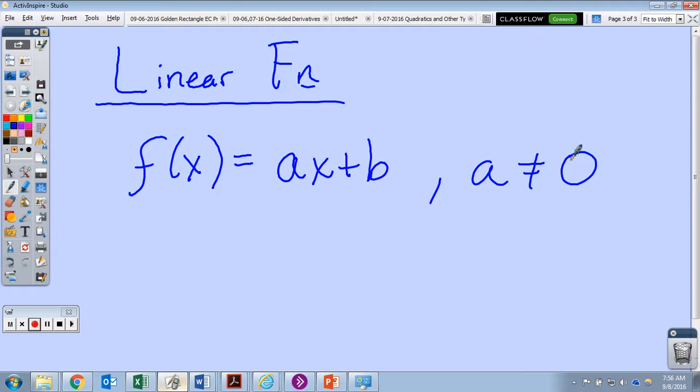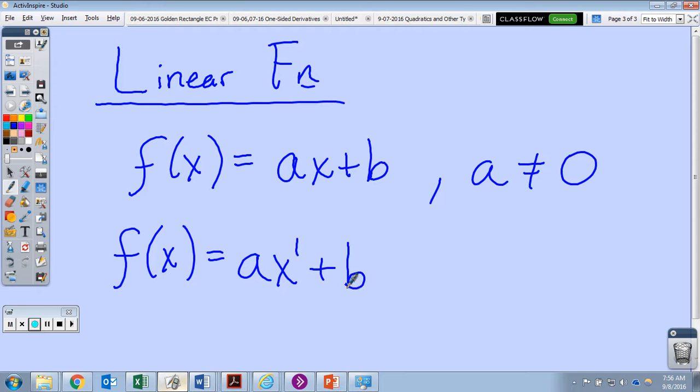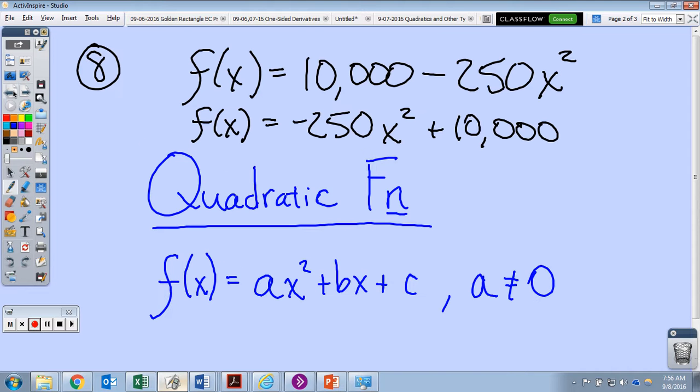So I want you to understand that, technically, this is the exact same thing as this. Yes. What was the quadratic function again? The quadratic function is this one here.